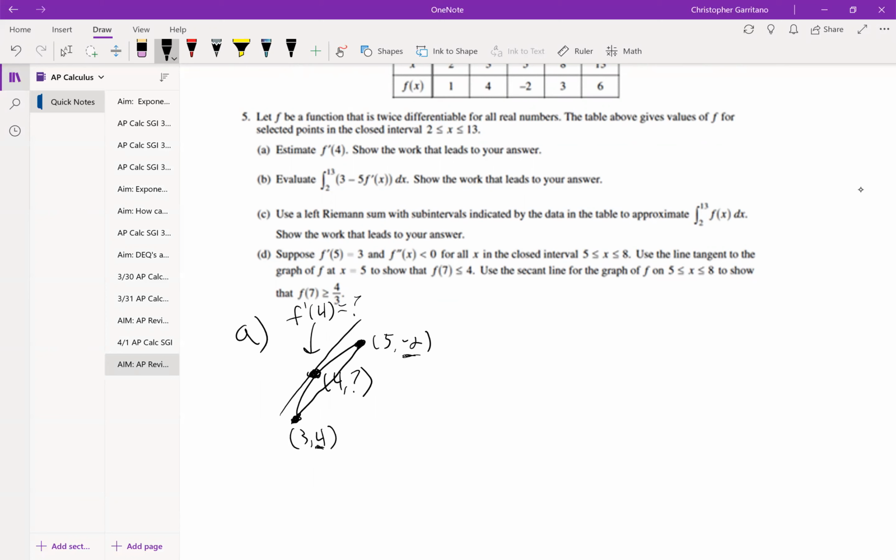So I have a tangent line. I don't know its slope, so I'm trying to approximate that slope. So I use a nearby secant line. So I want to find the slope of the secant line. And of course, that's change in y, so -2 minus 4 over the change in x, 5 minus 3.